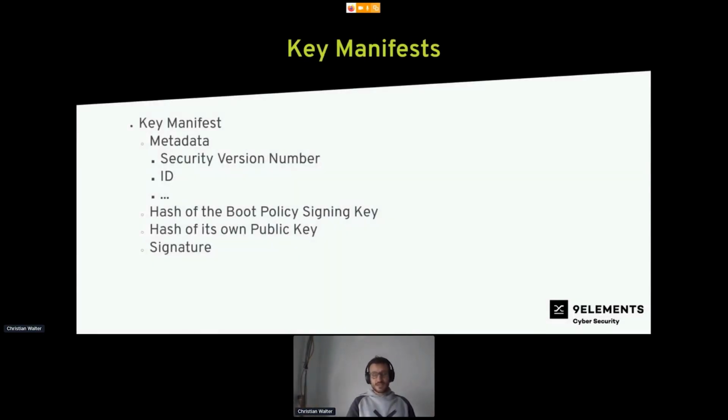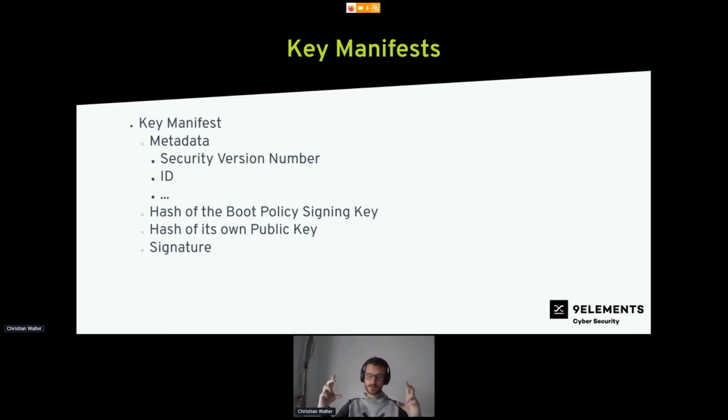So what's a key manifest? A key manifest is a binary structure that lives in your firmware or has to be placed in your firmware. It contains metadata like an SVN, also a security version number. It has an ID, it has a revision, and all these kinds of things. First of all, the key manifest and boot policy manifest are signed structures, right?